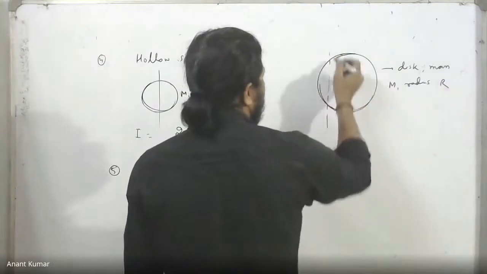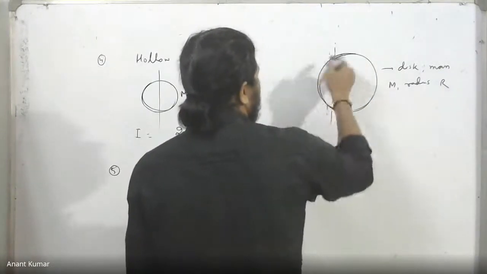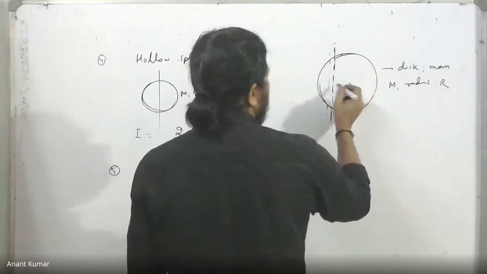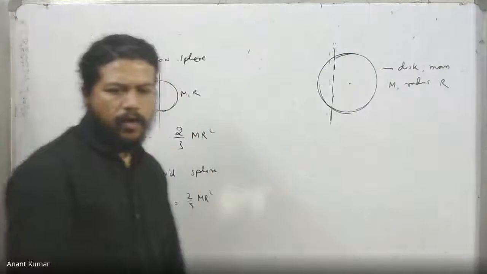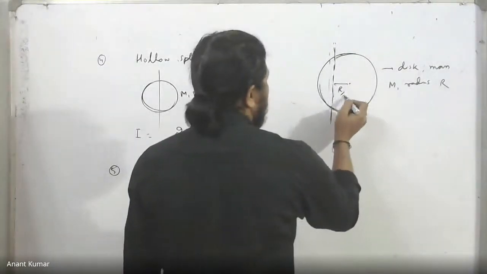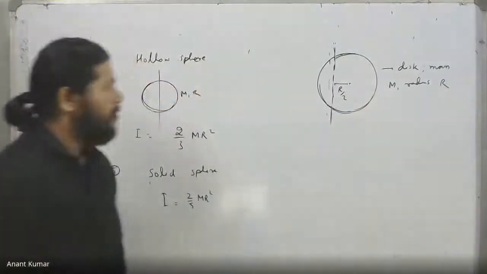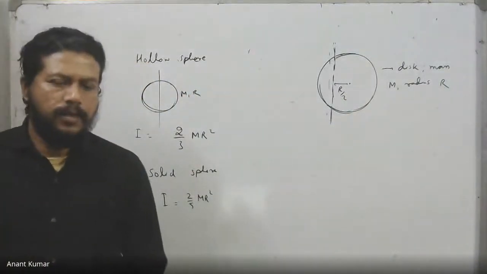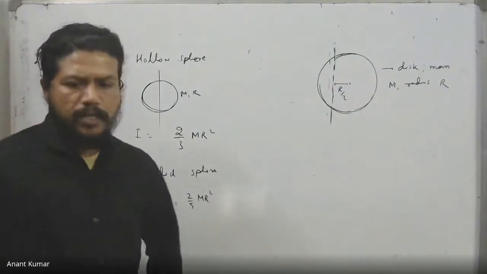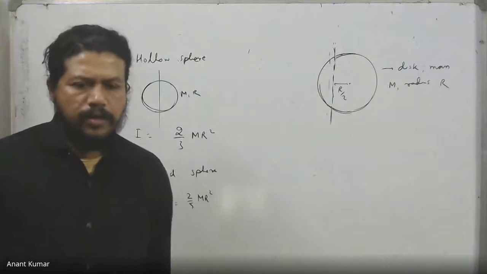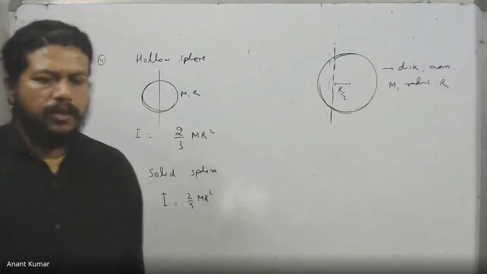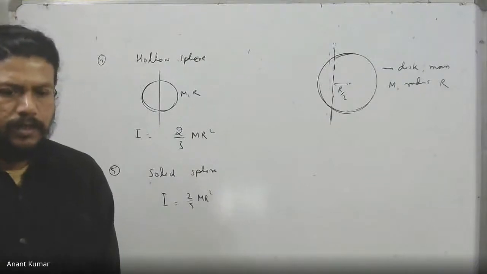Perpendicular to the disk, the axis is lying on the plane of the disk at a distance of R by 2. What about the moment of inertia about this axis? An axis which is lying on the plane of the disk and is passing along a chord at a distance of R by 2. How much will the moment of inertia be about this axis for this disk? Can we figure it out?